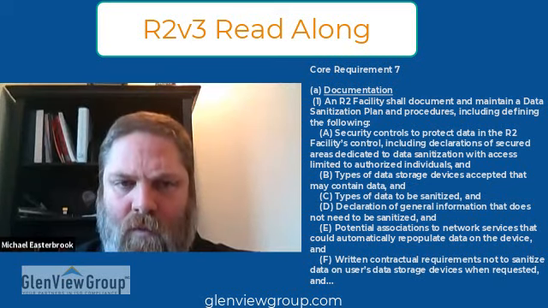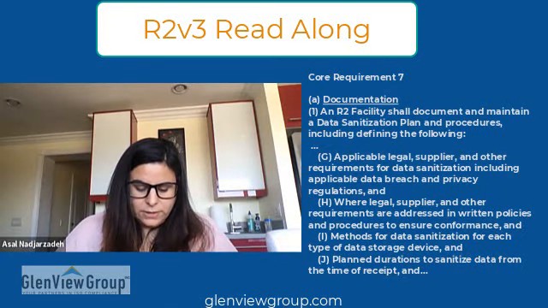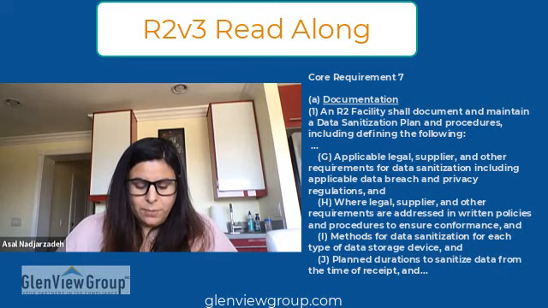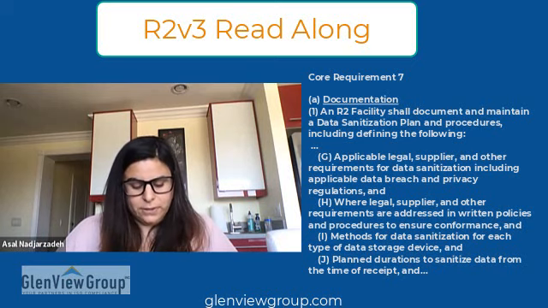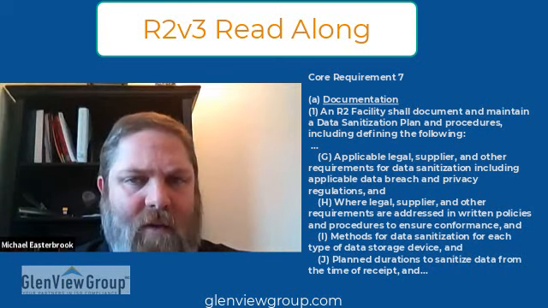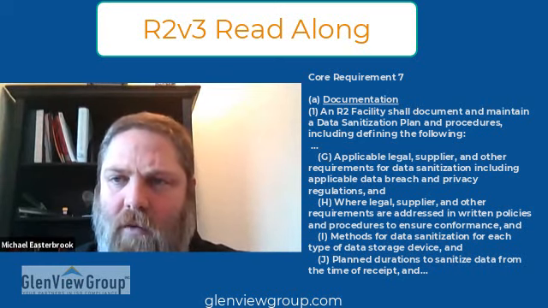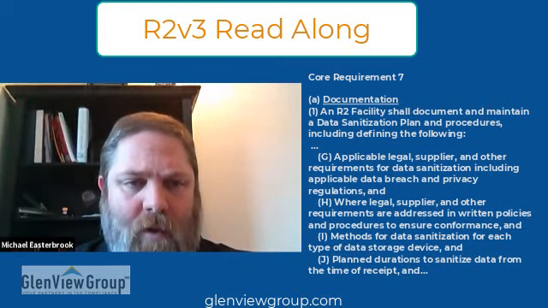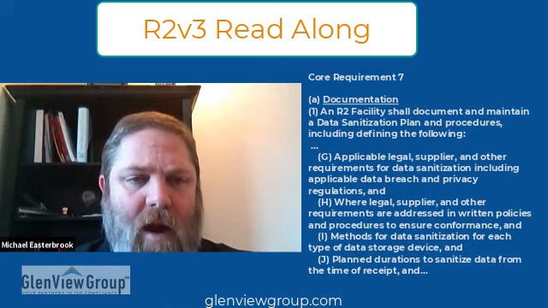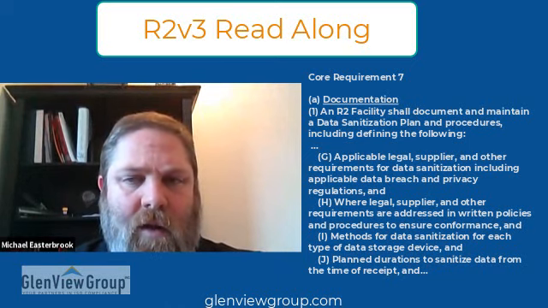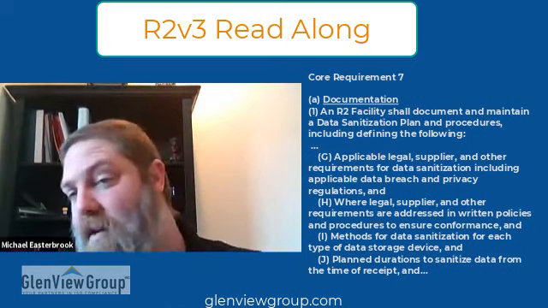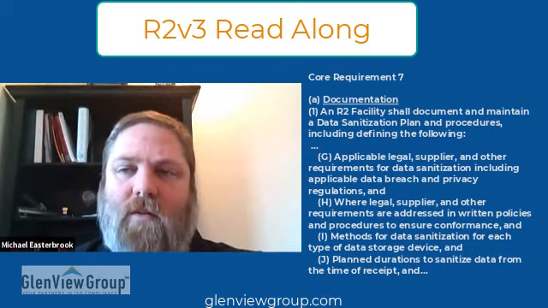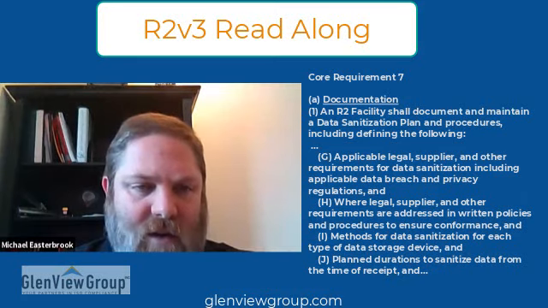Okay. So 1G, applicable legal, supplier, and other requirements for data sanitization, including applicable data breach and privacy regulations. A lot of times people have this in their compliance plan. It's part of Core Requirement 4 now. So I think that's still applicable and should be there so that it can be audited under the compliance evaluation that's done, not as a part of the R2 standard, but as a part of the other standards to which the R2 facility is certified.